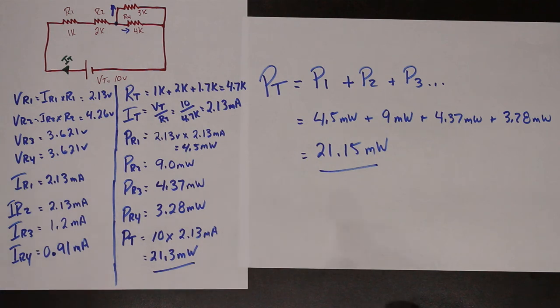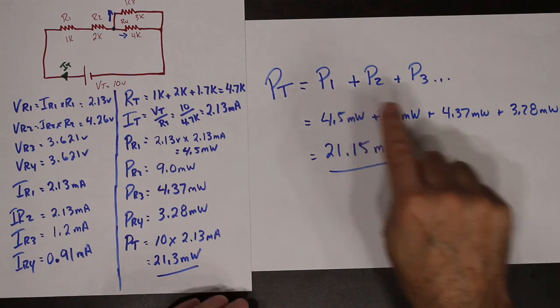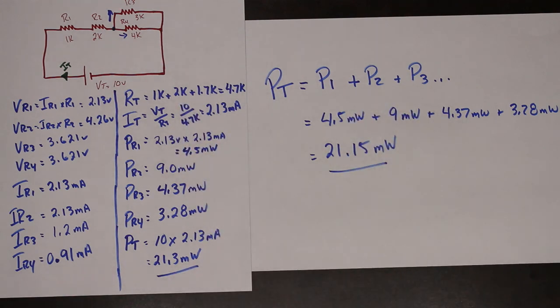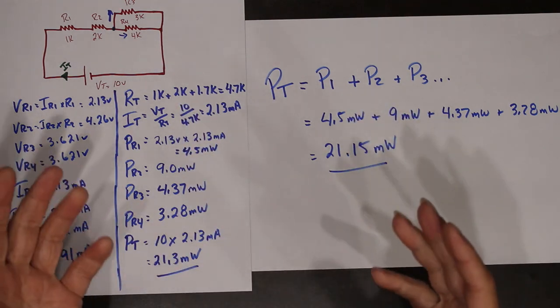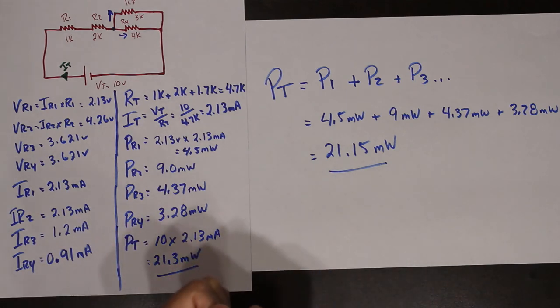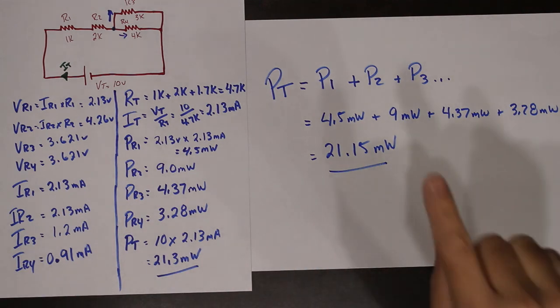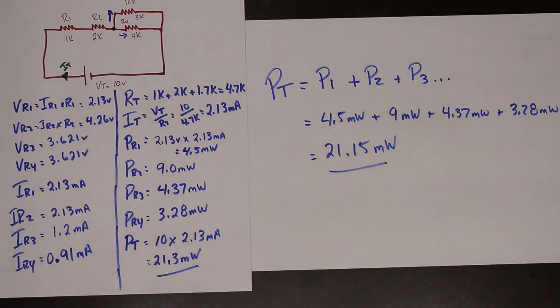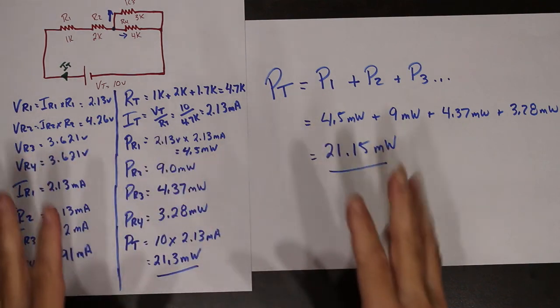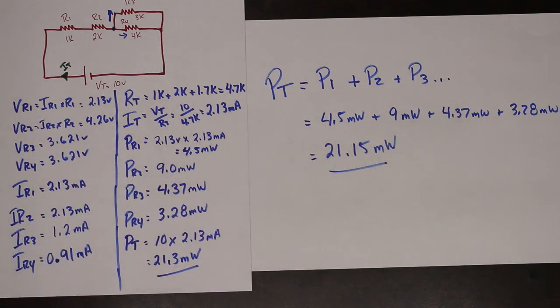So basically, each resistor in this circuit will give off some heat. That's the power, what we call power dissipation. We add them all up, and it will give us the total power for the whole circuit, so the total heat of the whole circuit.